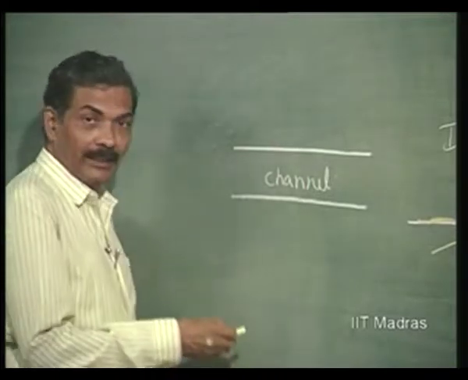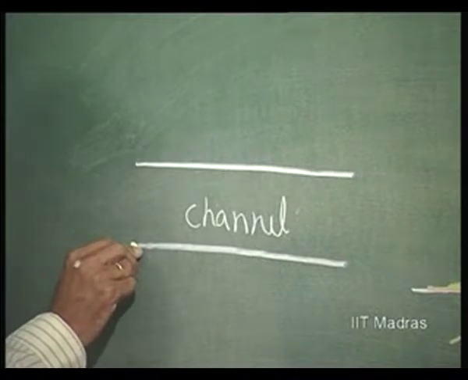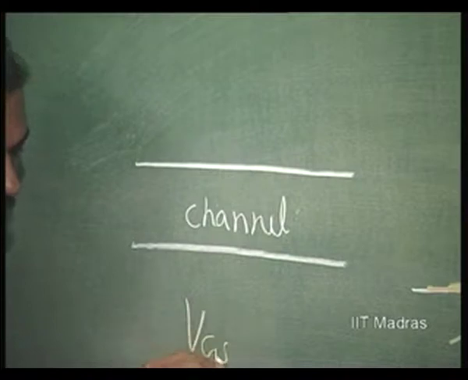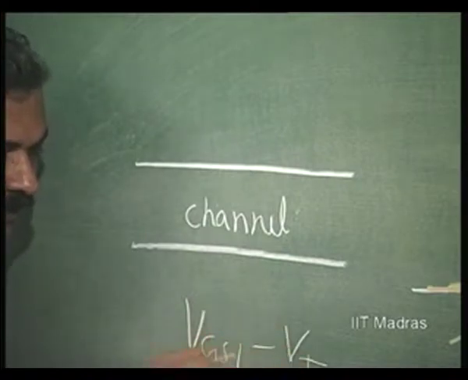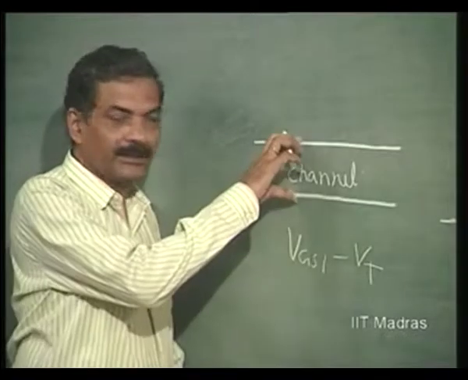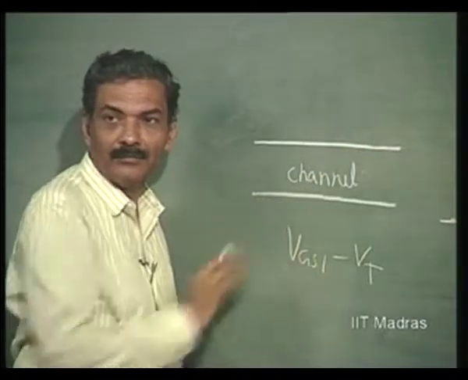As I apply higher and higher, this is for a certain value of VGS minus VT, let us say we will call it VGS1 minus VT. This is the channel width. This width depends upon this value.